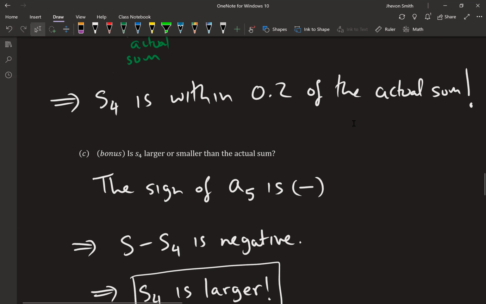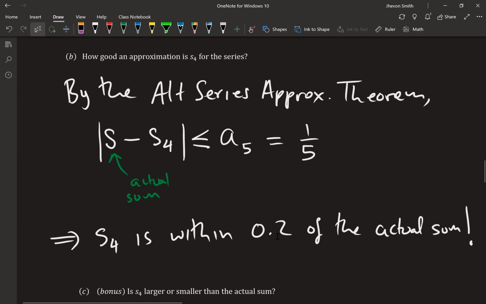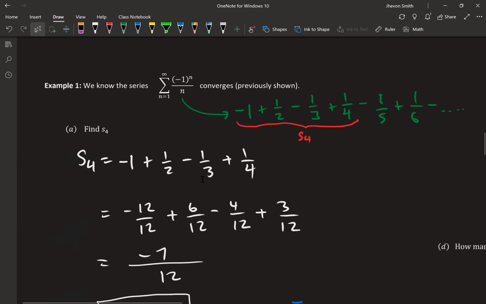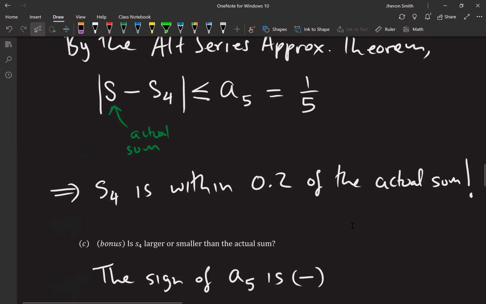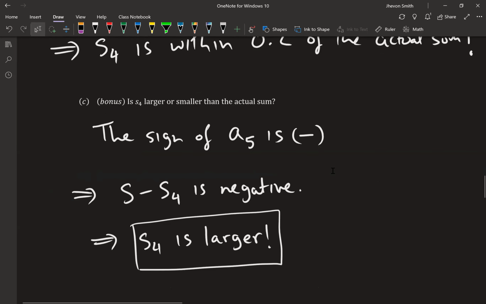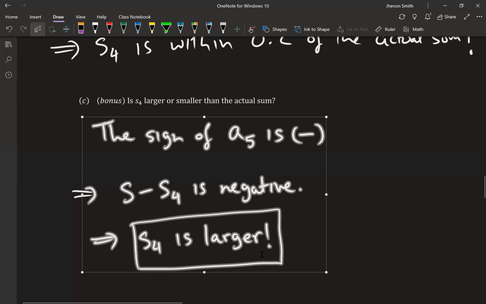So to put this into perspective, I have this series, the alternating harmonic. If I add up the first 4 terms, I will be within 0.2 of the actual answer, which means I could be the answer plus 0.2 or the answer minus 0.2. In fact, now with this, I actually know what direction it swings towards.